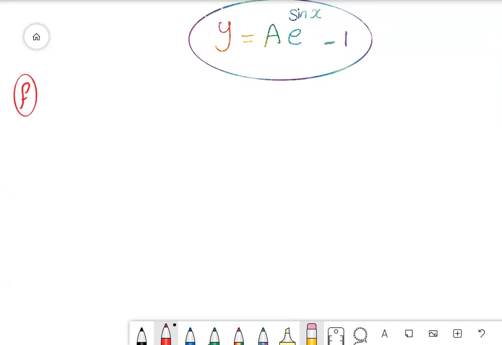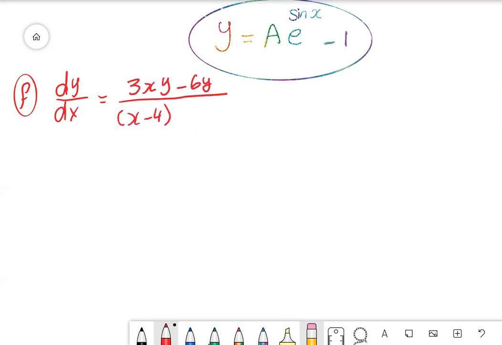The question is dy over dx equals 3xy minus 6y over x minus 4 times 2x minus 5.